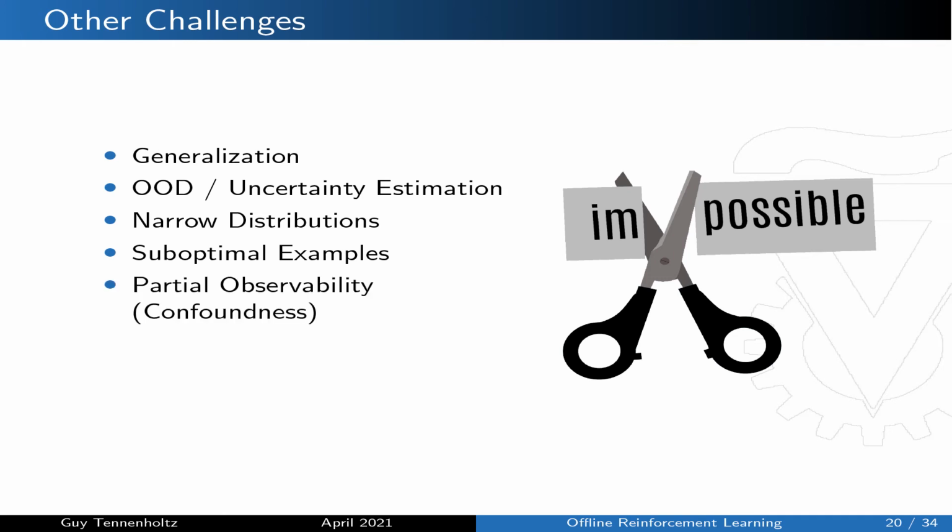So partial observability is also a very big problem. We've already touched it a little bit. Again, there's a great tutorial on reinforcement learning and causal inference. And like I said earlier, when we deal with partial observability in offline RL or off-policy evaluation, we're actually talking about the problem of confounding in causal inference, of hidden confounding.